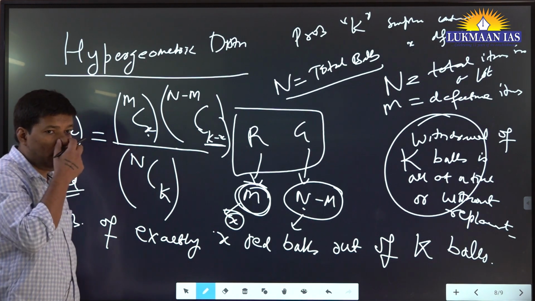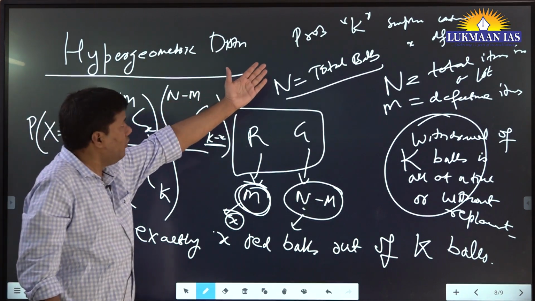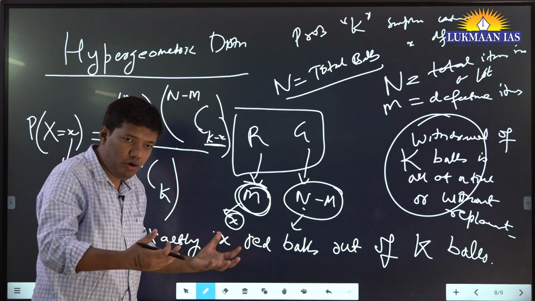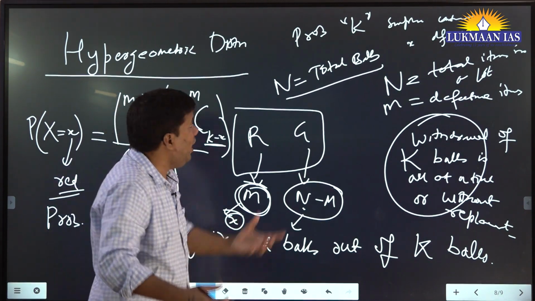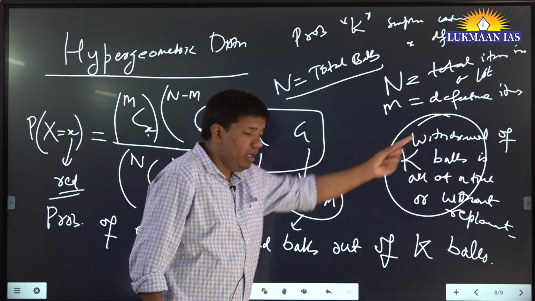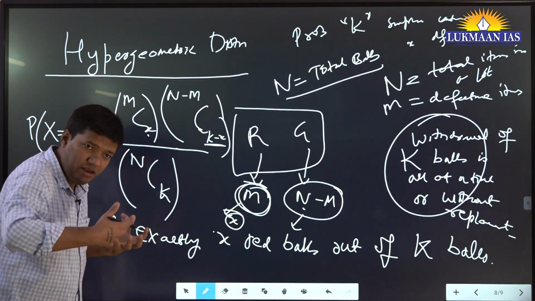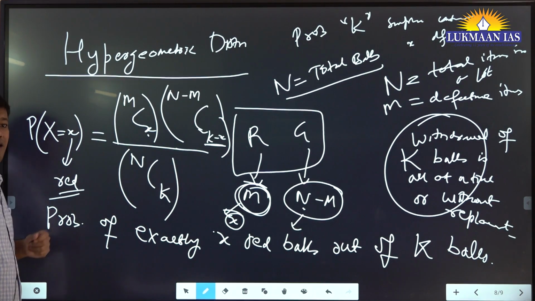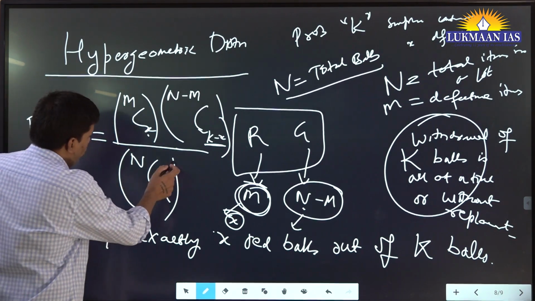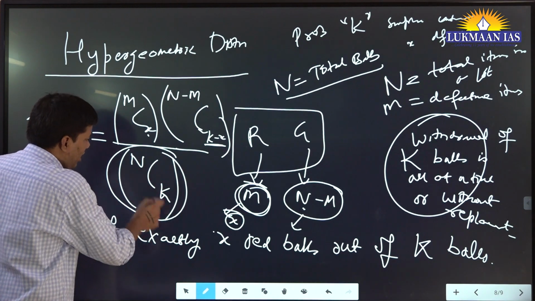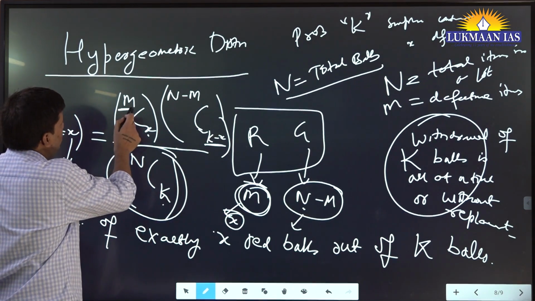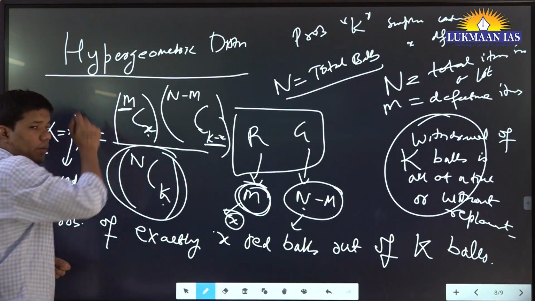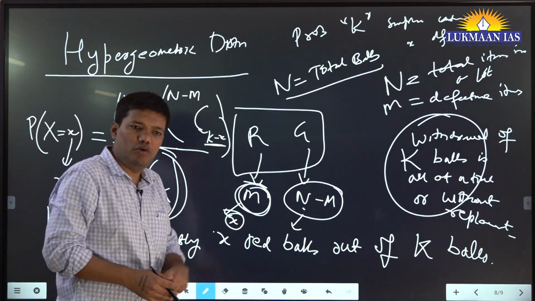What we have to find is the probability that out of the sample size k which you selected, x are defective. Here you took a sample size of k again. You look for how many of those balls are red. Out of N you selected k, and you were interested in knowing out of these k balls how many are red. Same thing you will do here.